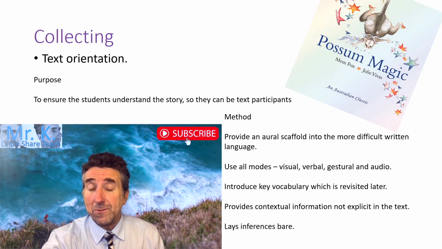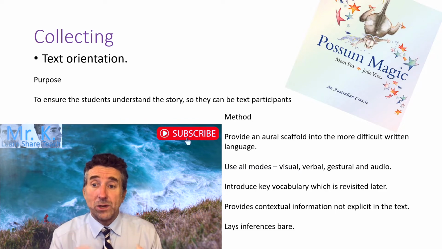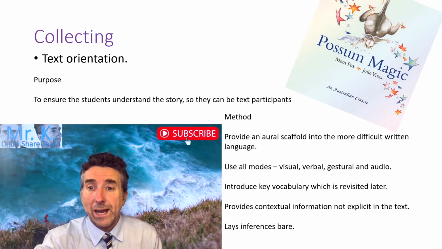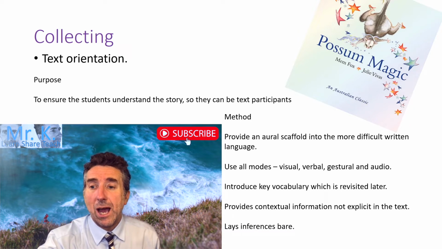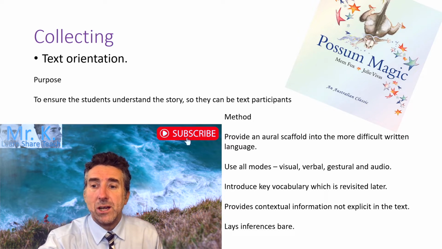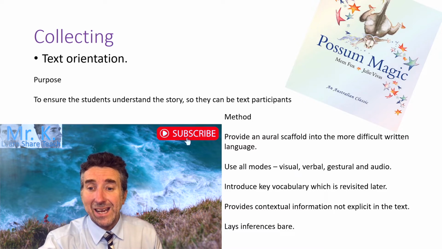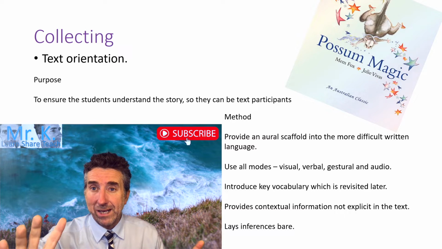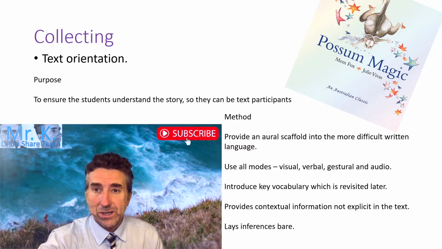The method of doing this is really about providing an oral scaffold into the more difficult written language, using all modes to do that through visual, verbal, and gestural and audio. Then also introducing key vocabulary, which we'll revisit later, and then providing contextual information not explicit in the text to basically lay inferences bare and make it totally clear about what the story is about.